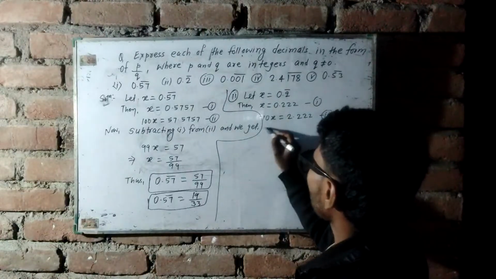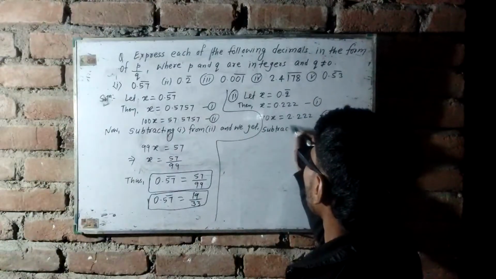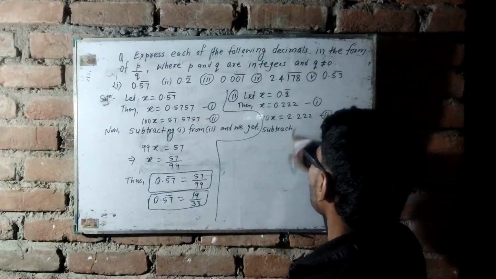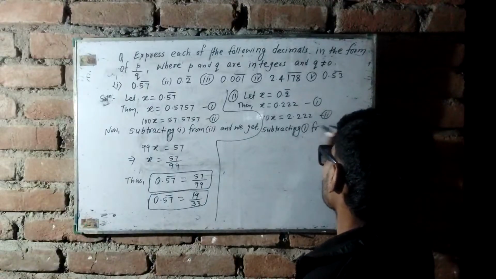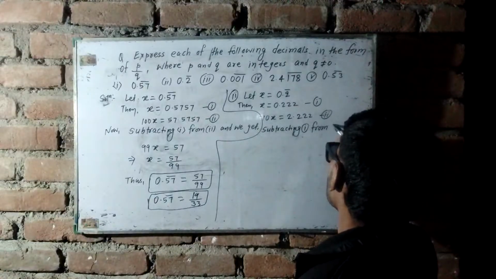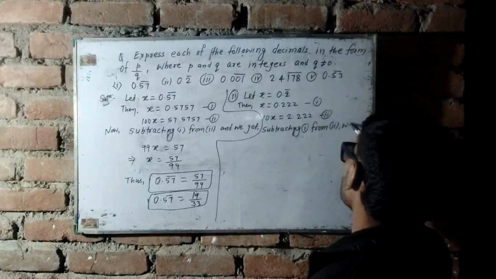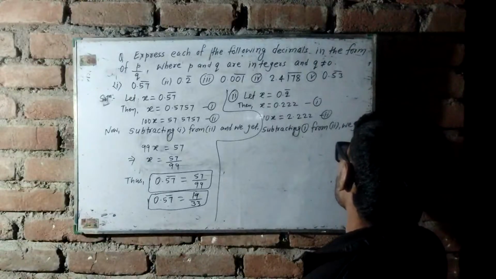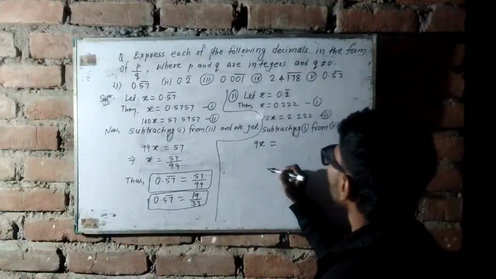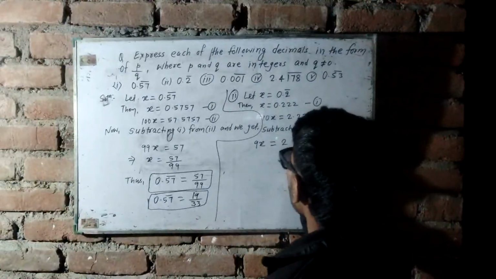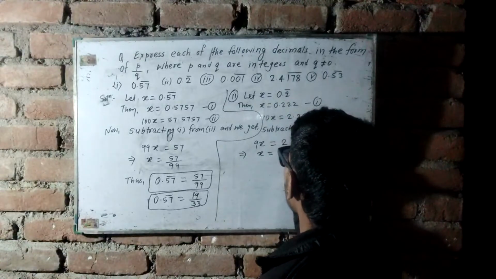Now subtracting equation first from equation second, we get 9x is equal to 2, which implies that x is equal to 2 upon 9.